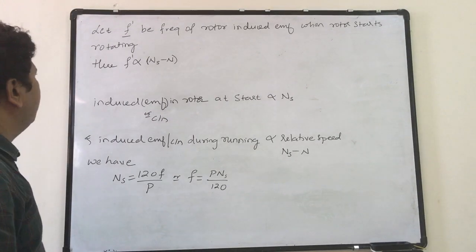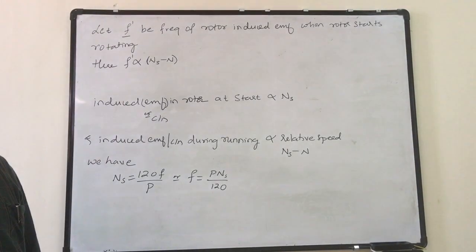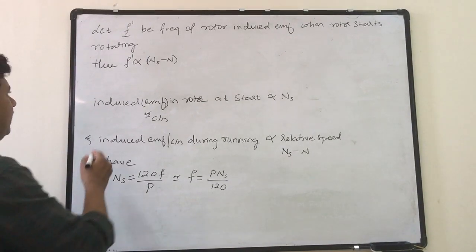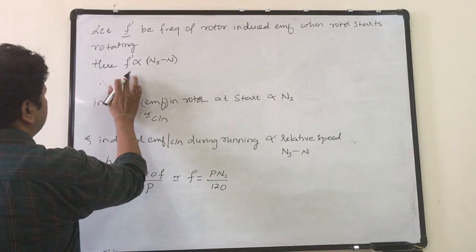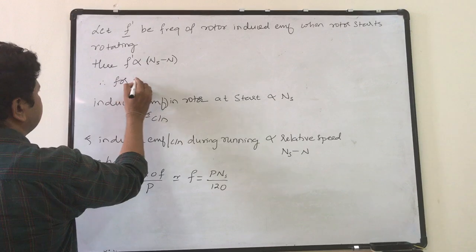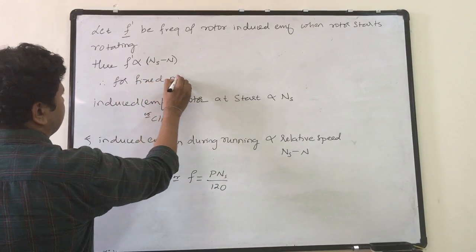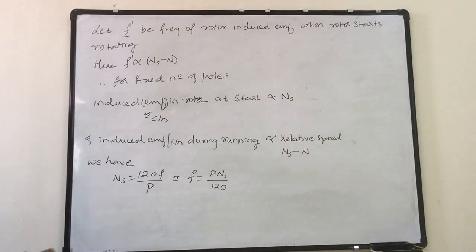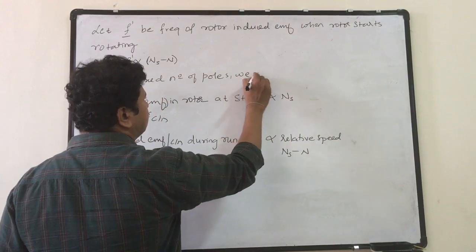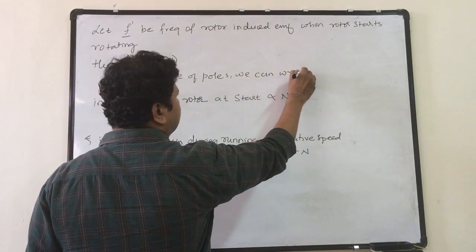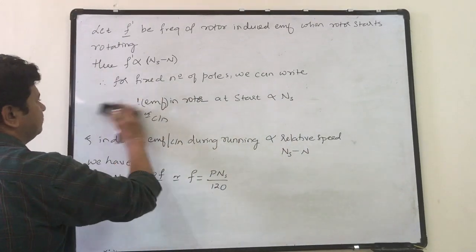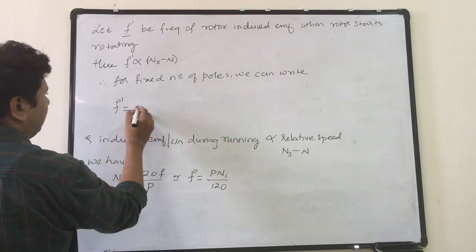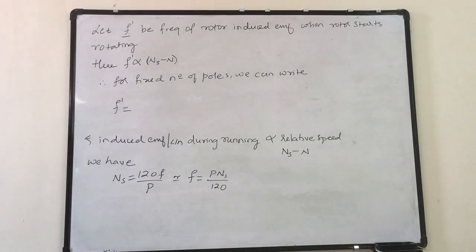Because I did not change the stator number of poles, I can write, for a fixed number of poles, f dash is equal to, you see this equation, f is equal to p ns by 120.